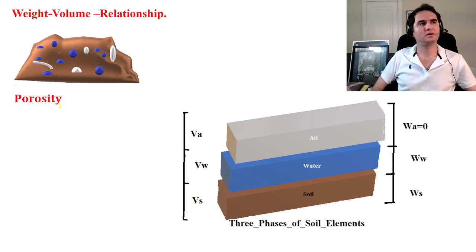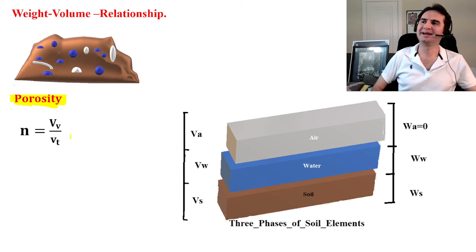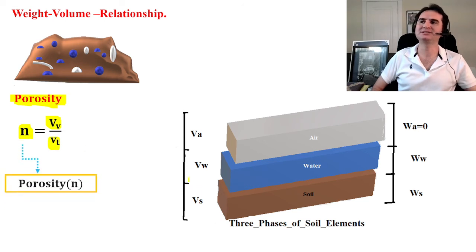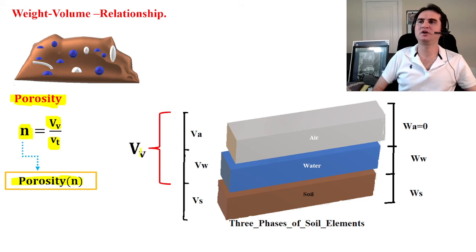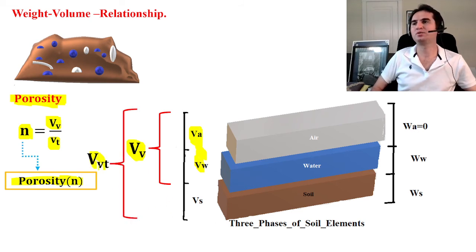And the other term is porosity of the soil structure, and that's shown by n, and that's the volume of void over the total volume. So porosity, shown by n, is the volume of void, again a summation of volume of air plus volume of water, this time divided by total volume.